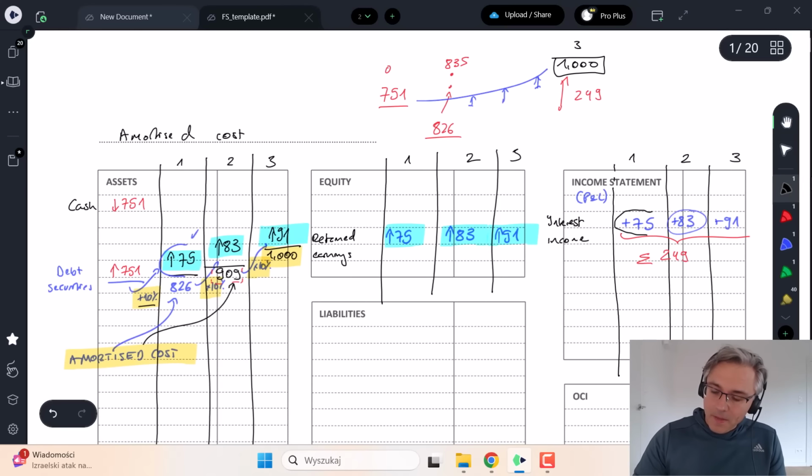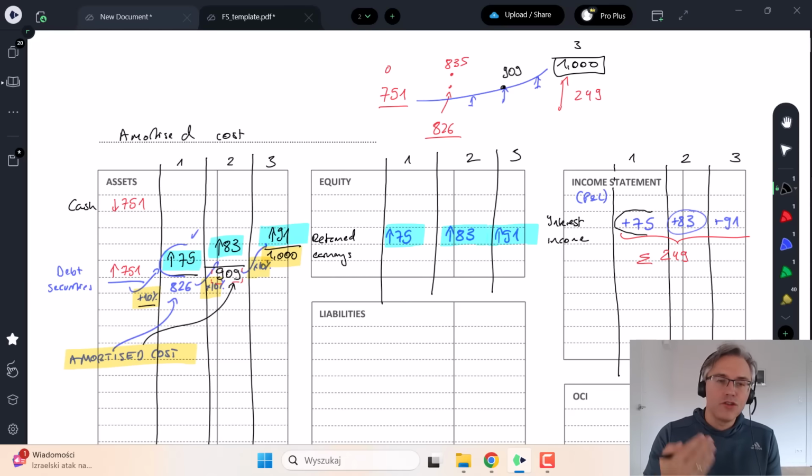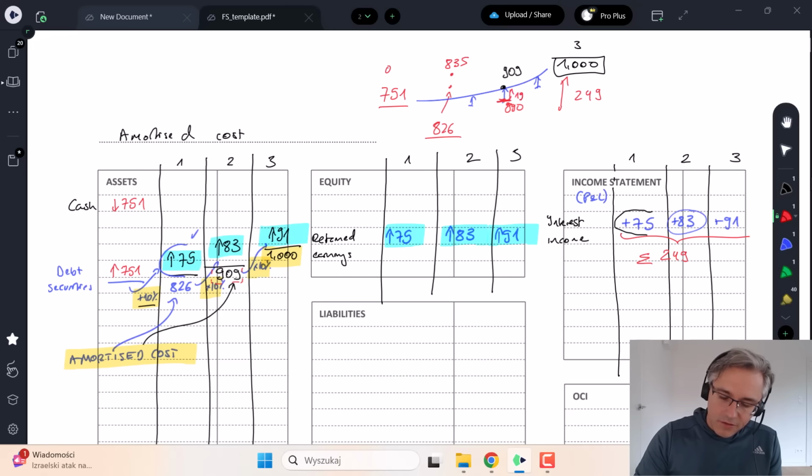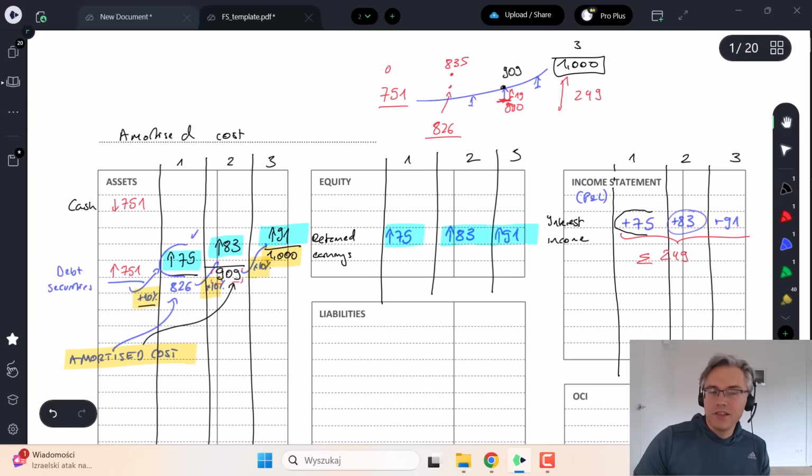So 909 is where it should be if it continued evolving under the YTM assumption being constant, but it's currently at 890, and this is a difference of negative 19, and that's what our accumulated unrealized gains losses show.